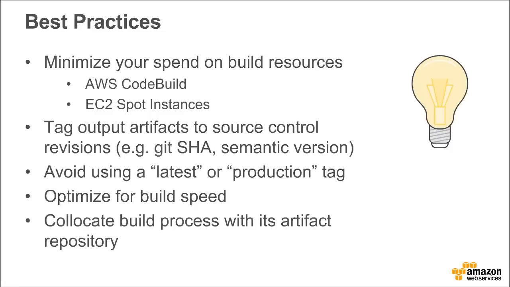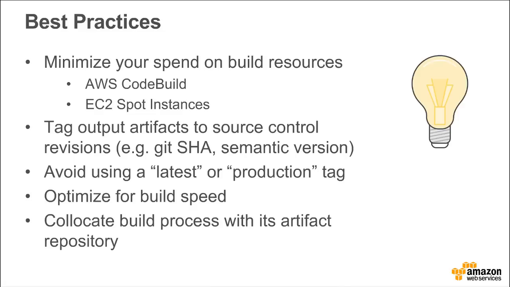So a few best practices here on the actual build process side. Minimizing your spend on build resources: we always want to ensure that customers are as cost optimized as possible, and the build tier is a great way to do that. You want to balance cost optimization with agility.